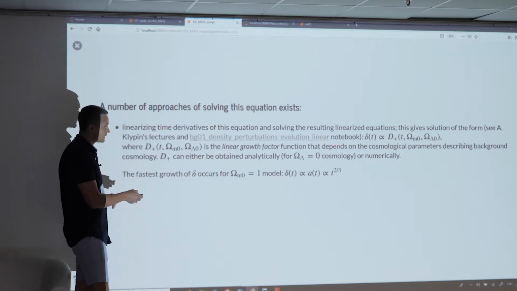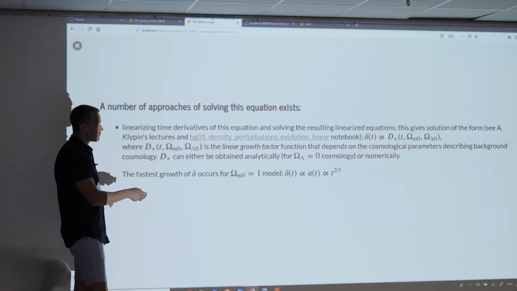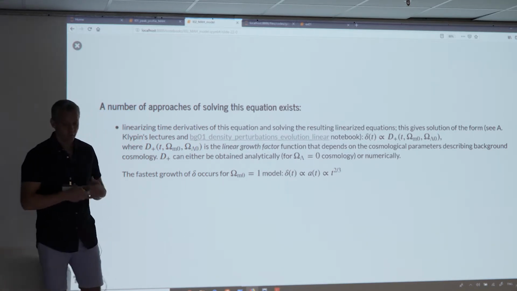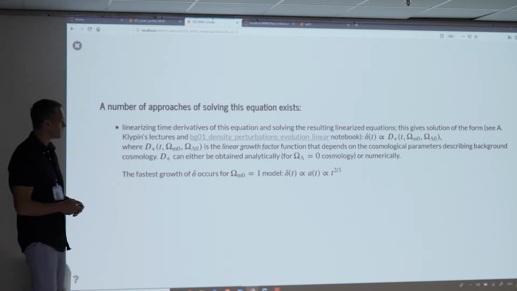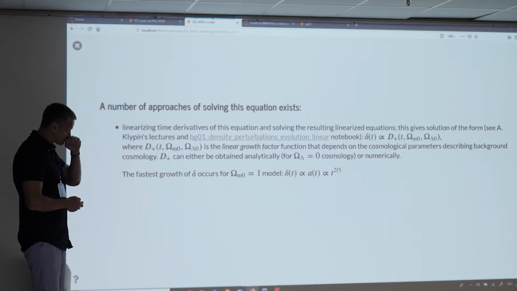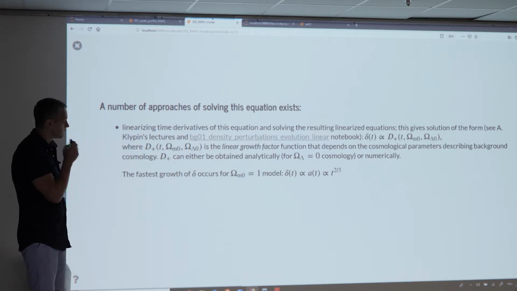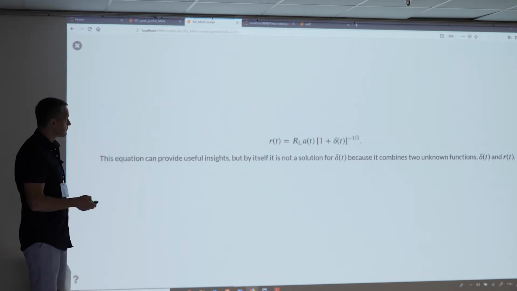It doesn't matter. So for any cosmology, we can derive the evolution of perturbations as a function of time in this linear model, and it applies to all perturbations of any scale at the same rate. So all scales depend on time in the same way.